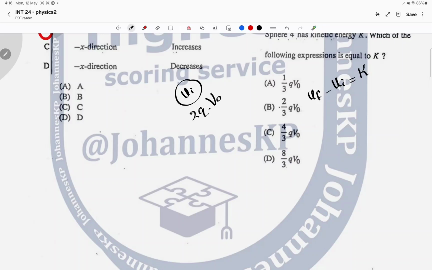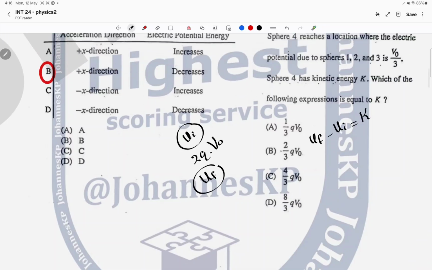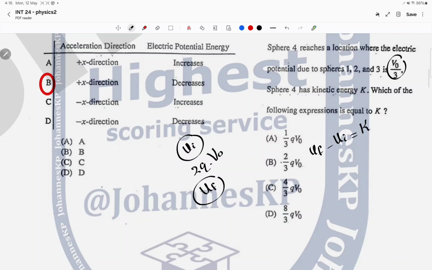How about the U finally? The new voltage they said was VO over 3, times 2Q. So 2Q times VO over 3. And now we should do UF minus UI. I think we should put a negative sign here because we'll probably get a negative number, because we're moving away.